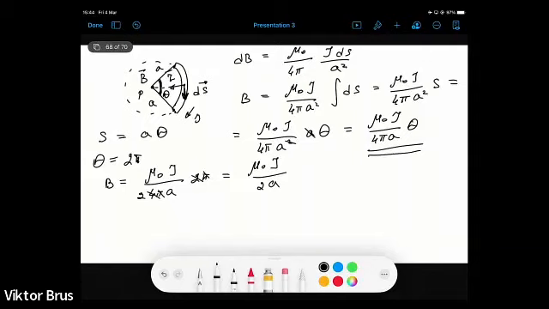So with this, I would like to summarize our discussion today. As I said at the beginning, so far we were considering how an external magnetic field affects mobile charges and electric current in conductors. However, if we go in the opposite direction, we can consider mobile charges and current in conductors as a source of magnetic field.